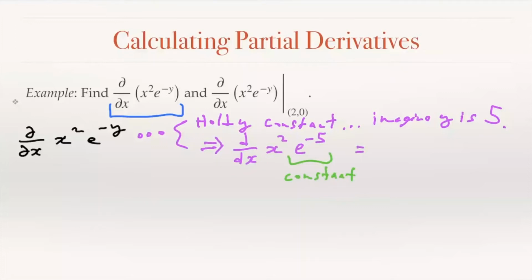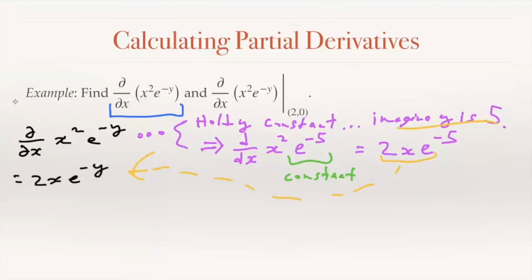So if there's a constant times x squared, then it's just 2x times that constant, from calculus 1. In the same way, we imagine that y is 5, and that means that the partial derivative here is 2x times e to the negative y. So again, y was a constant, just imagine that it's 5, and take the calc 1 derivative.